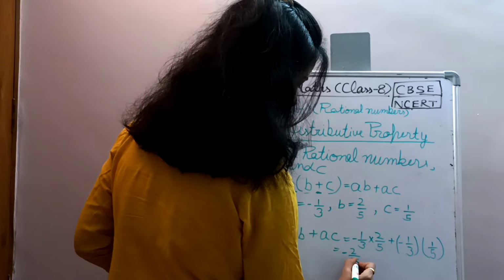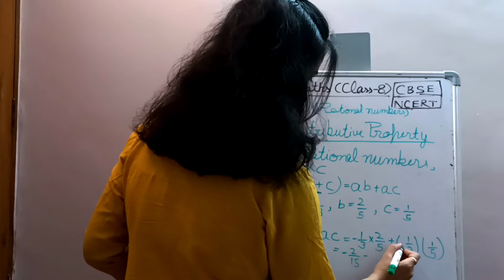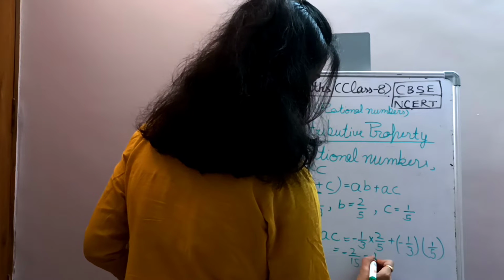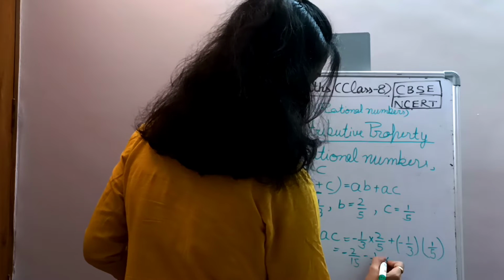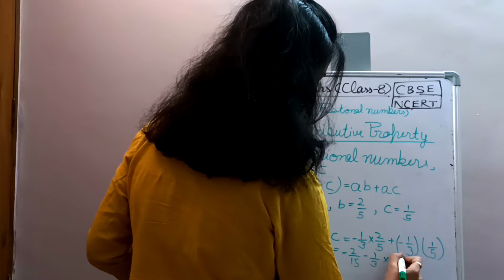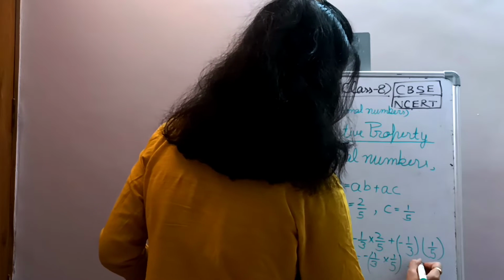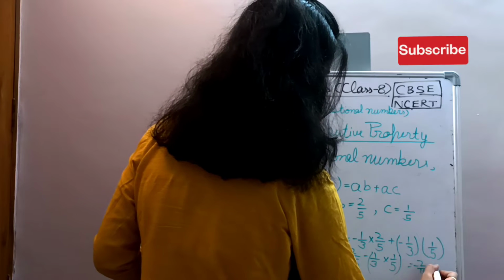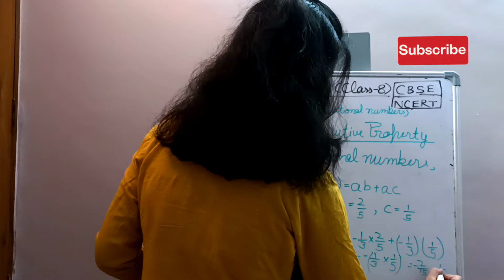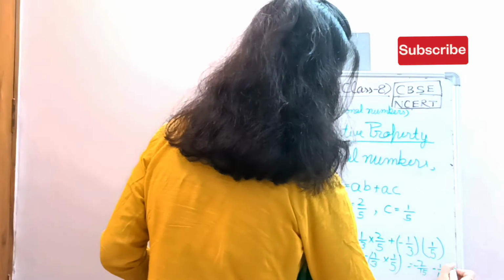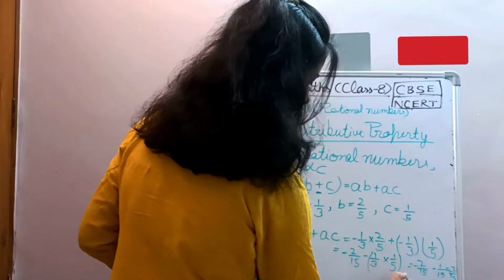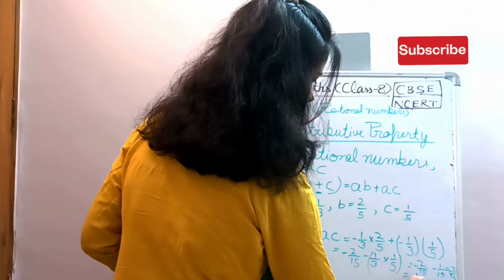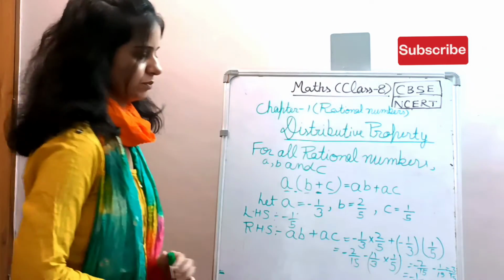Minus 2 upon 15 minus 1 upon 15, which is equal to minus 3 upon 15, and ultimately we get minus 1 upon 5.